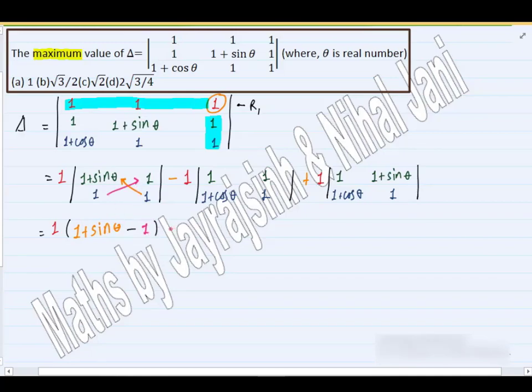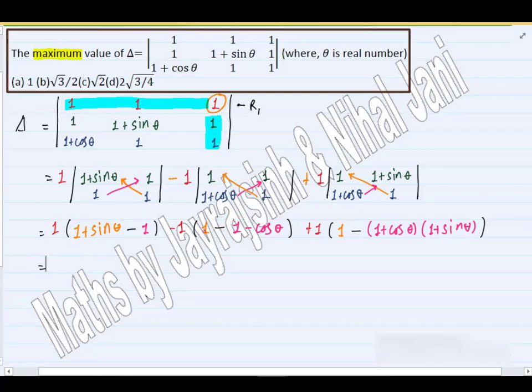Again, minus 1 as it is, we have to multiply 1 with 1, will give us 1, minus 1 plus cos theta into 1, or we can say 1 minus cos theta, and plus 1 as it is, 1 into 1, minus 1 plus cos theta into 1 plus sine theta will give us multiplication of them, right? Now let's simplify.